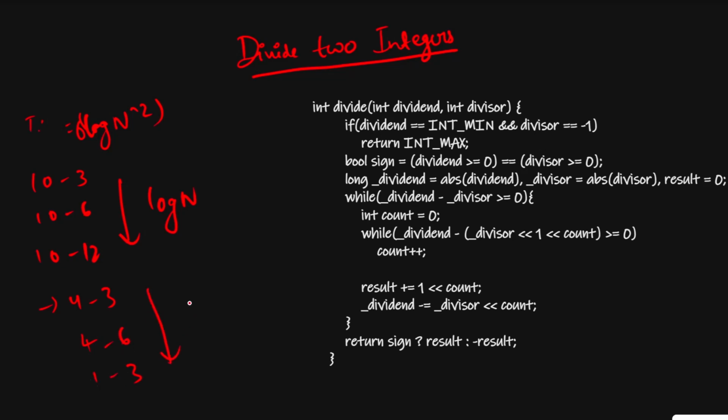How many times will I do it again? It will also be done log n times, so the time complexity is log n square. If you see here, it is done 3 times, then 2, then 1. So this is how we solve this. The time complexity will be log n square, and the space complexity will be O of 1, because we are not using any extra space.